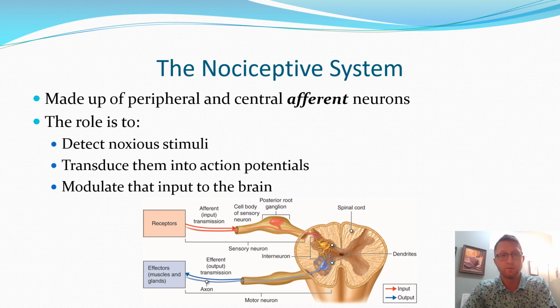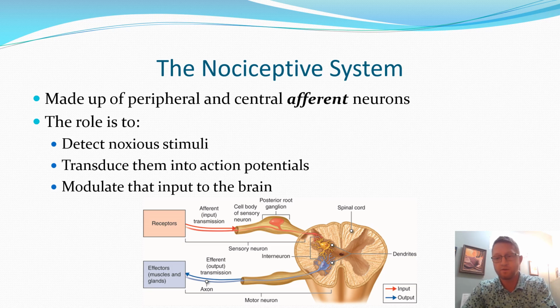It gets sent through that dorsal root, on the posterior side, that gets sent up to the thalamus. Once the thalamus processes it and sends it to the other sections of the brain, then we get some kind of efferent response. So it'll be down the system, back out through this anterior side, and that's where we get these efferent neurons that stimulate muscle contraction, different glands, and those types of things.